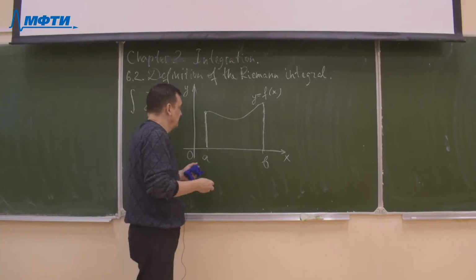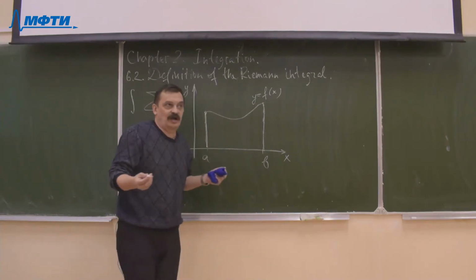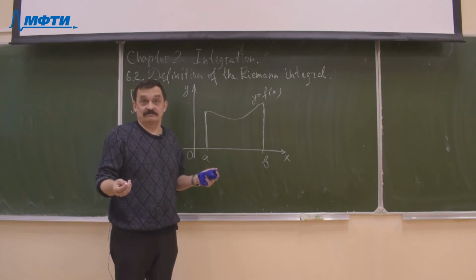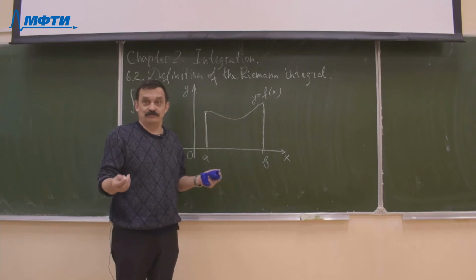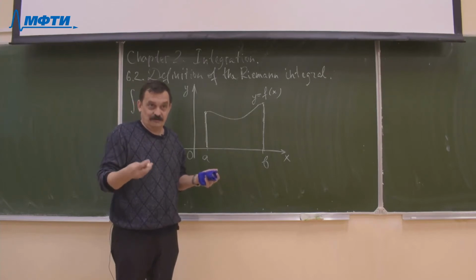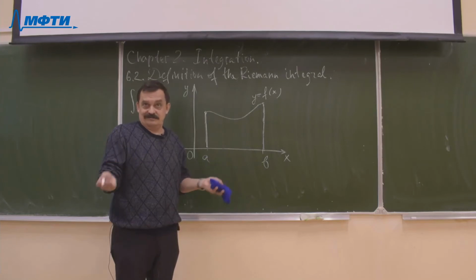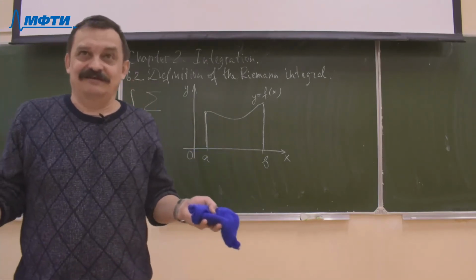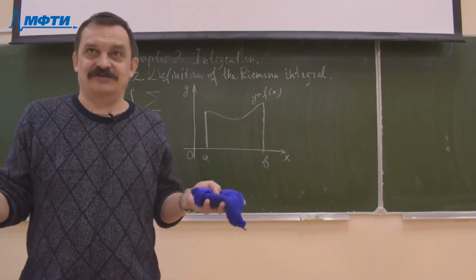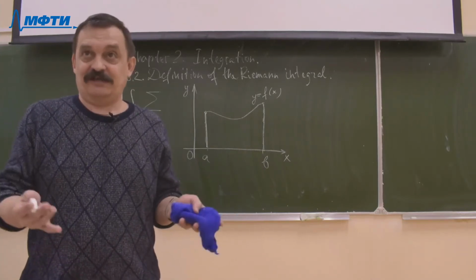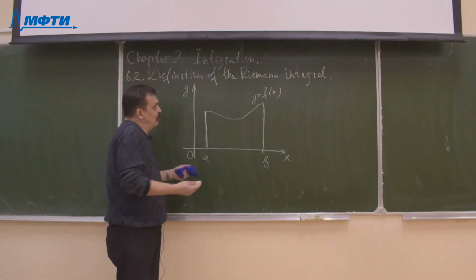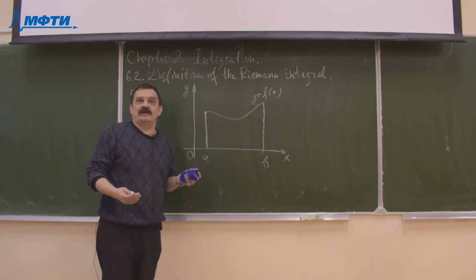And which are the simplest figures? Rectangles. From the point of view of area, which figure has the simplest formula for its area? Definitely it's the rectangle. So we want to approximate this figure with the help of rectangles.